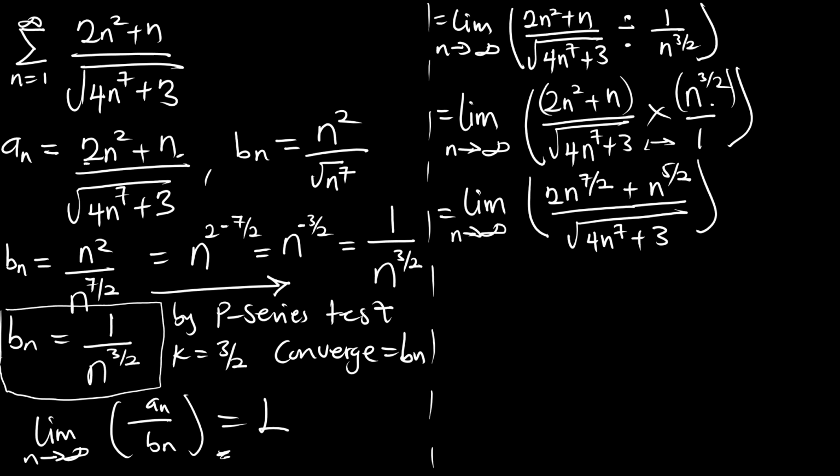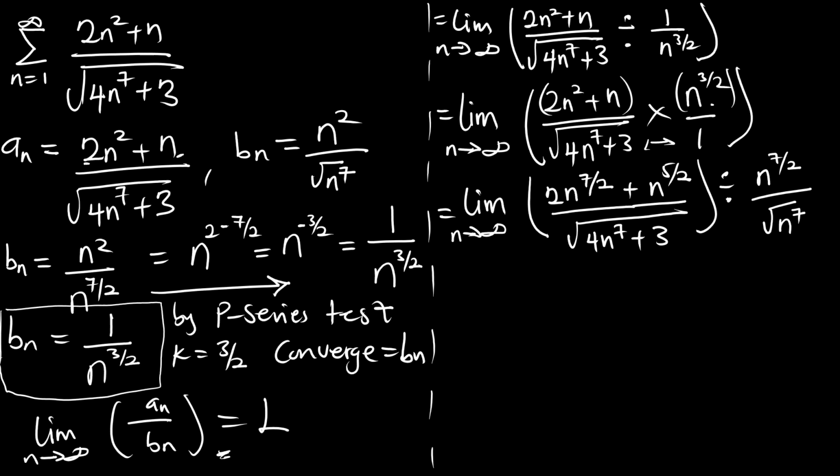So here you have to look through and see what you are going to divide through. Check the numerator, I would like to divide through by n^(7/2). And I would also like to divide this by square root of n^7.